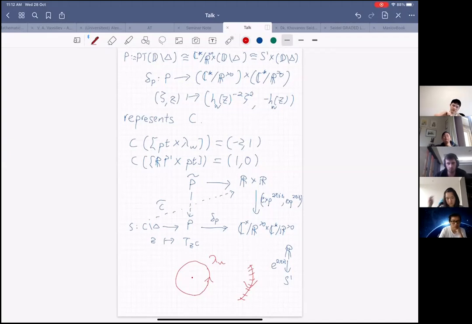Okay, so the delta P, maybe delta P sends all these points times lambda W, and the RP1 to a point. There have to be two generators of this target. The target is S1 cross S1. So delta P, maybe this combination, is sent to the two generators.